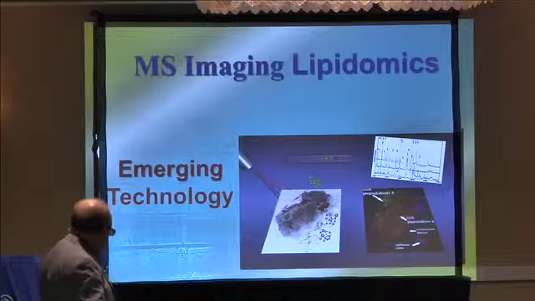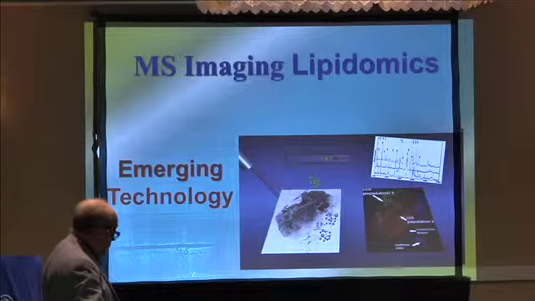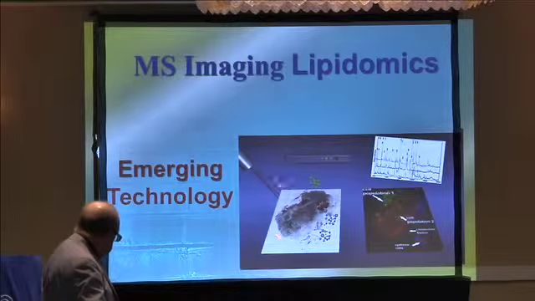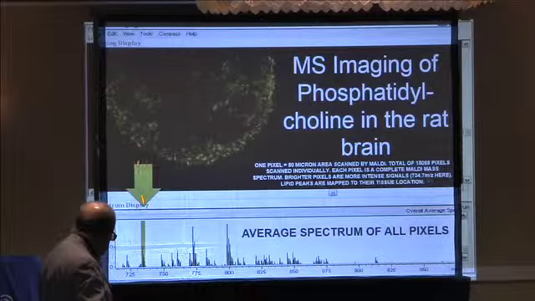Now, one of the later achievements in mass spectrometry is imaging of lipids and building heat maps of lipids. The way it's done is that you take a tissue section and cover it with a matrix, and then you scan and obtain the spectra by shining a laser beam.